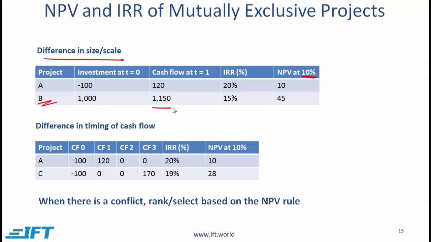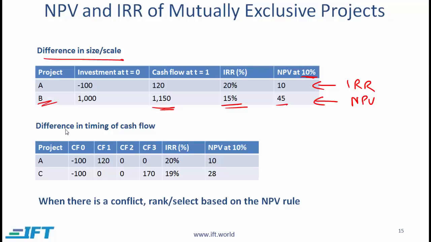The cash flow is this. IRR is 15% and the NPV is 45. So here, if you go by the IRR rule, then project A ranks higher. If you go with the NPV rule, then project B ranks higher.